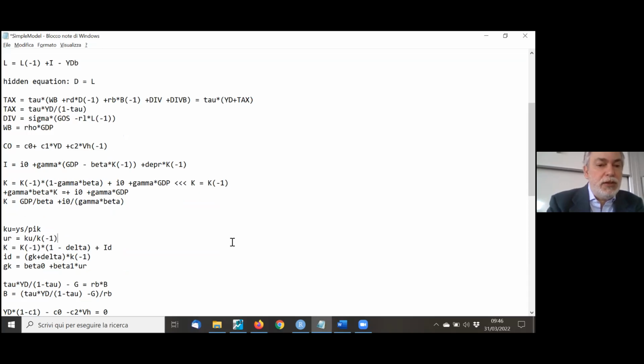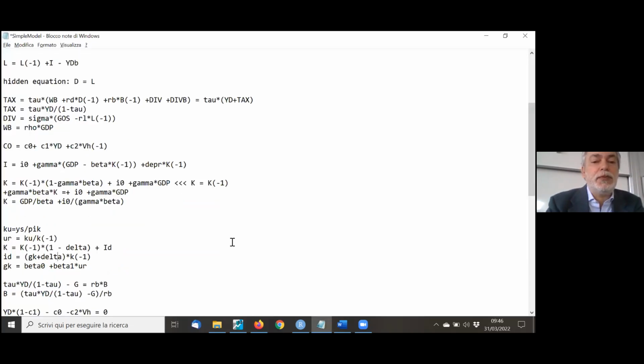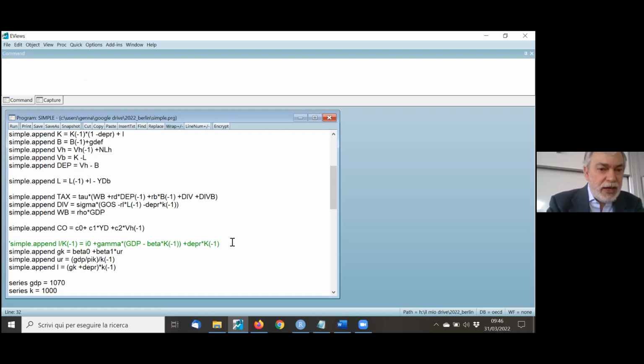And what else? I need to check that the investment will grow as in this equation, from GK plus the depreciation rate. So now we have to find values for these betas, and this additional variable PIK, and we should be set.